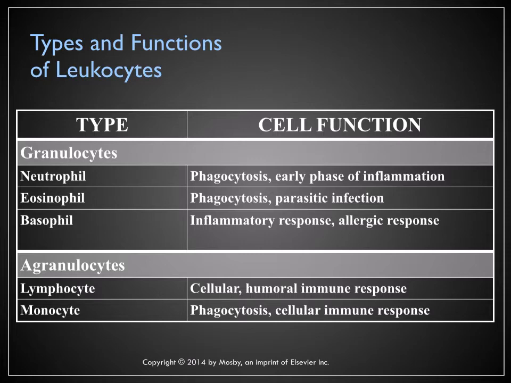Granulocytic leukocytes are neutrophils, eosinophils, and basophils, and agranulocytic leukocytes are lymphocytes and monocytes. Neutrophils are present in a very high amount in the leukocytes, almost 60 to 70 percent.